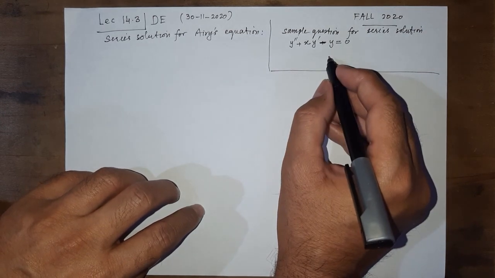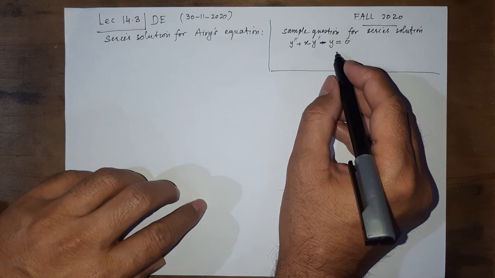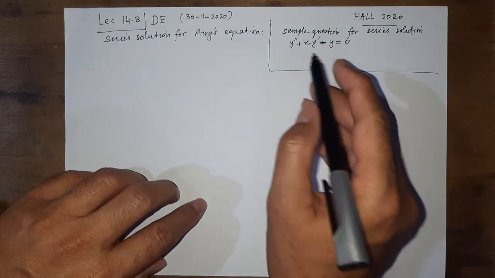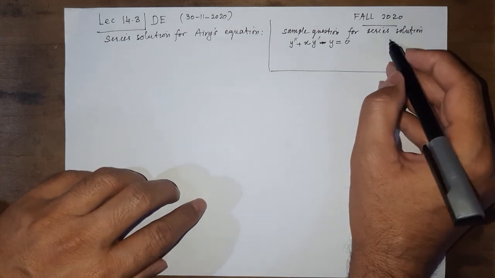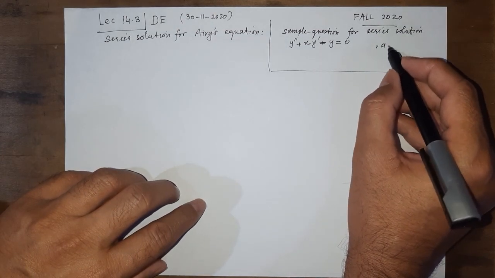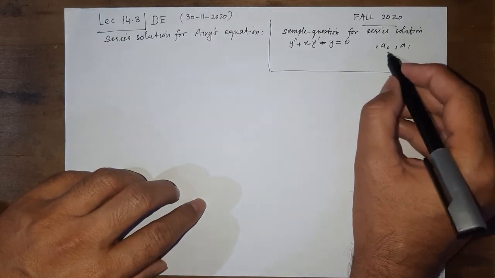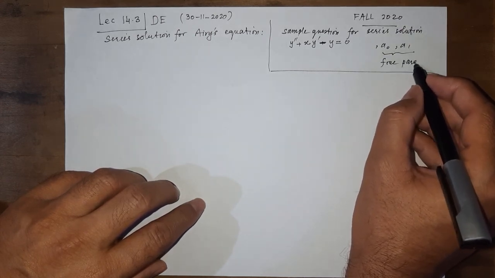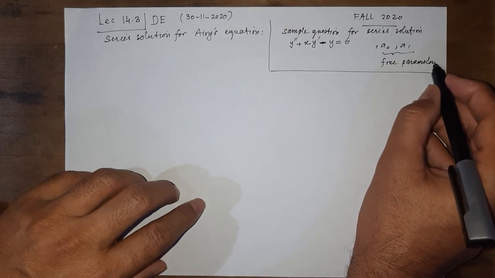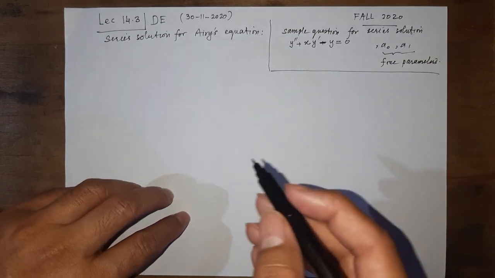So solve this, take up any initial conditions in the general form and try coming up with a solution for this. We already know that a naught and a1 are the free parameters. So your solution should depend on a naught and a1.